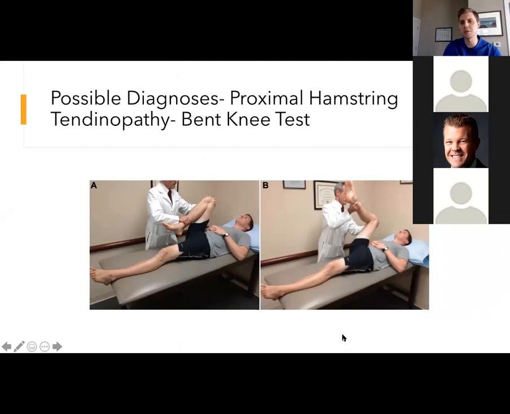The idea is that you're wrapping the proximal hamstring tendon around the undersurface and potentially the anterior surface of the ischial tuberosity and loading that tissue up to determine if it's the reactive tissue or not. I think this would be the best test to distinguish between a hamstring strain as well as a tendinopathy.